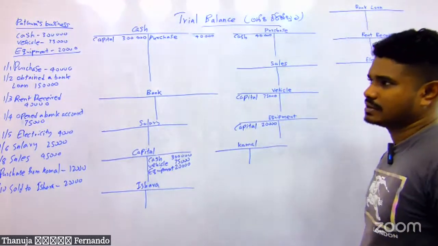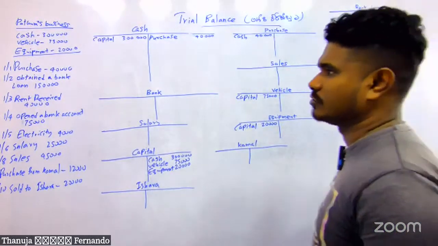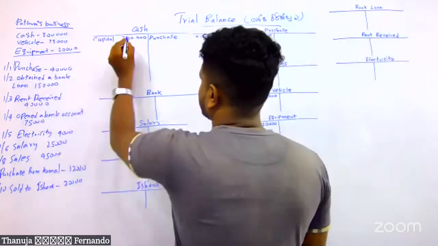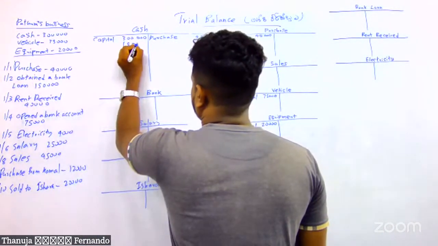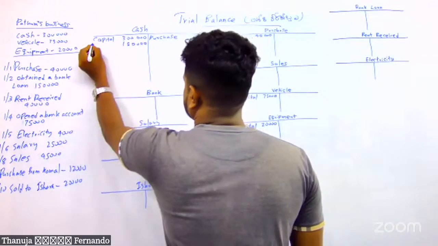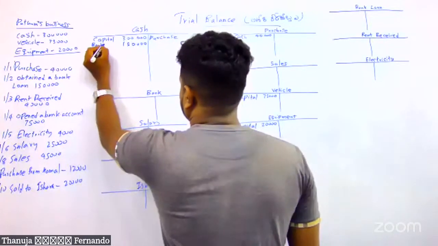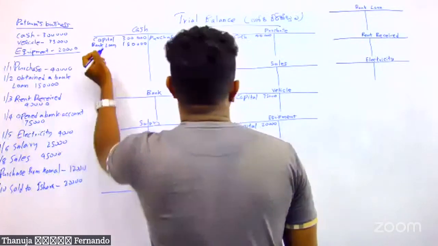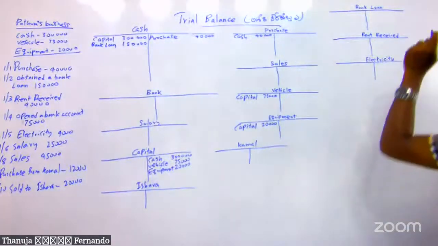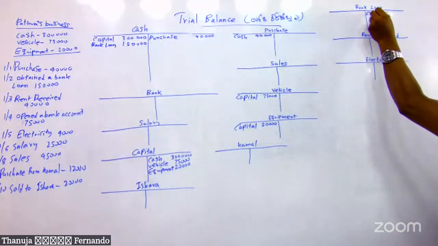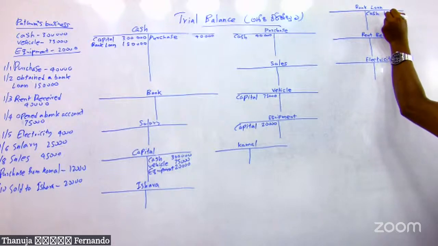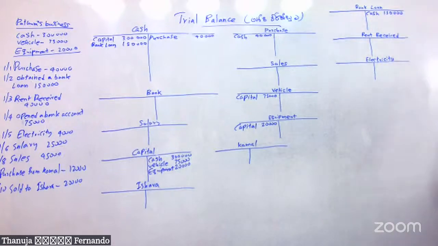Then second one, obtain the bank loan. When we obtain the bank loan, we receive money. So increasing money means cash account debit 150,000 as bank loan. Then bank loan is a liability, increasing liability, credit as cash 150,000.